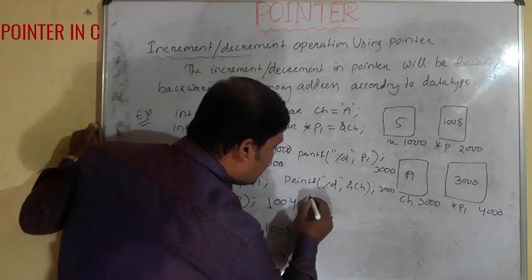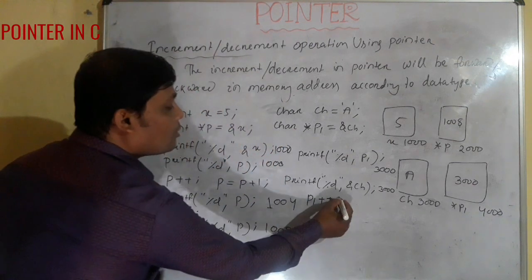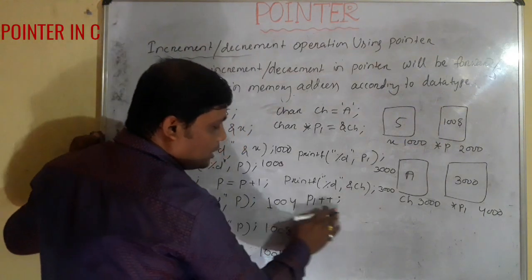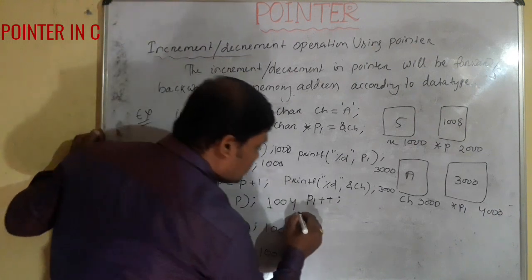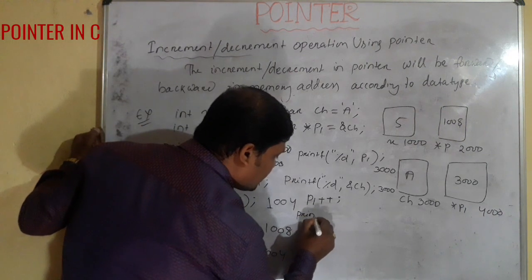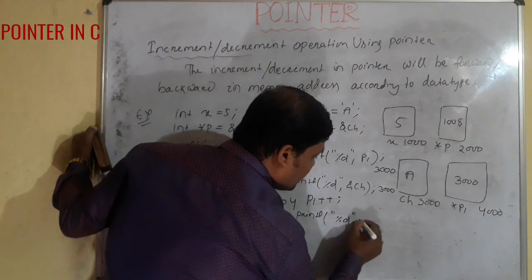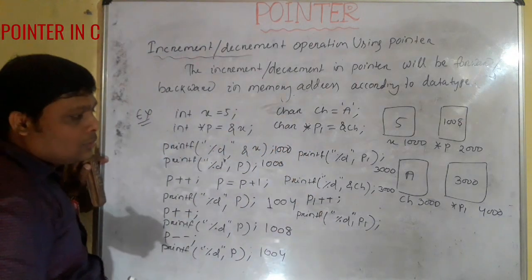Next, before this, suppose I am incrementing p1 plus plus, incrementing the address using the pointer. Then I print printf percent d, then p1. What will it print now?